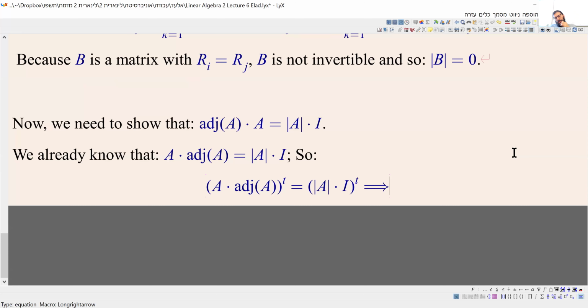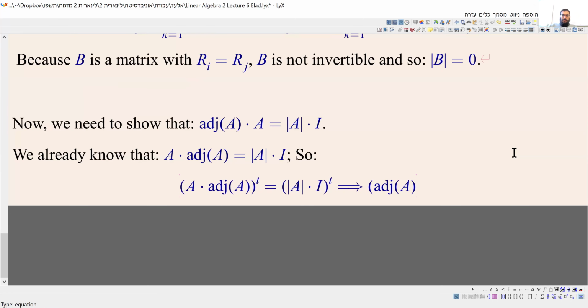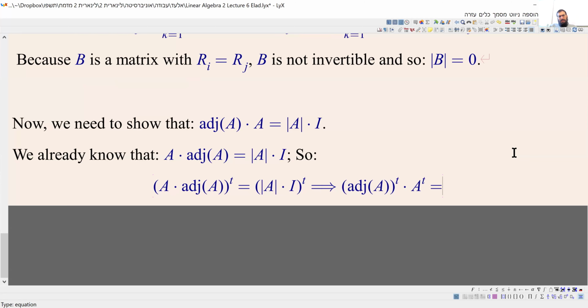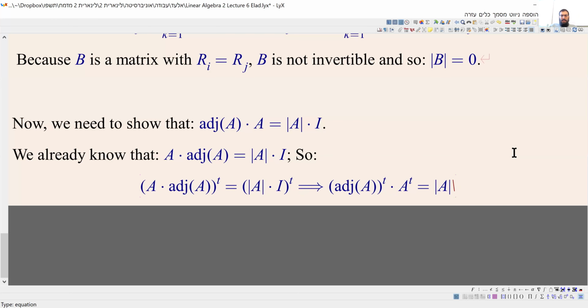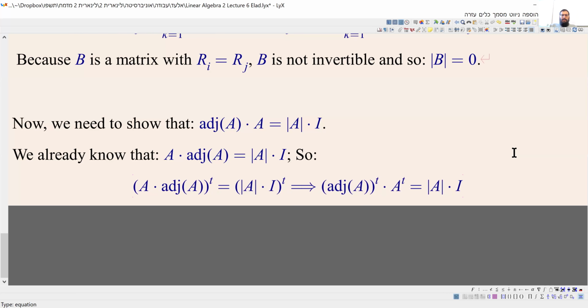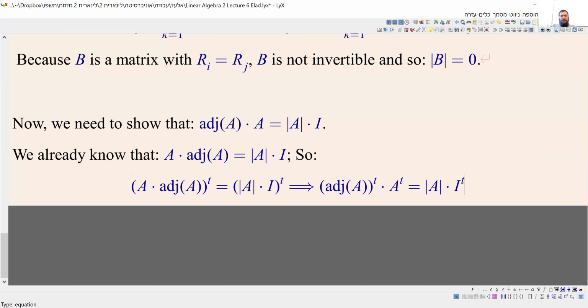On one hand, when we transpose a multiplication, we transpose every matrix and change the order in the multiplication. So we have the transpose of the adjugate multiplied by the transpose of A. And on the other hand, when we transpose a matrix multiplied by a scalar, the scalar isn't changed, and we transpose the matrix itself.